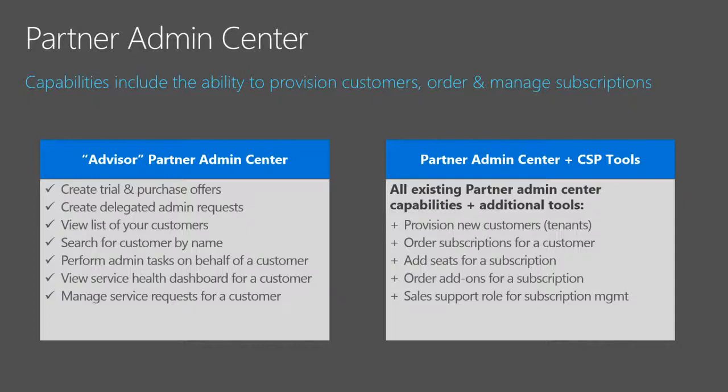So, provision a new customer tenant directly within that experience, order and manage subscriptions for that customer, and then you can do additional, what I call commerce types of transactions on those subscriptions, such as adding seats, reducing seats, ordering add-on subscriptions, and things like that. So all the cloud solution provider capabilities are heavily focused on transactions and subscription management. And once again, those are a superset of the core Partner Admin Center capabilities.